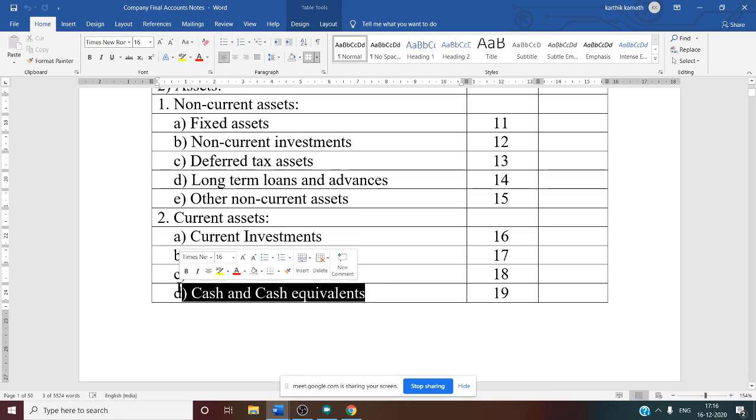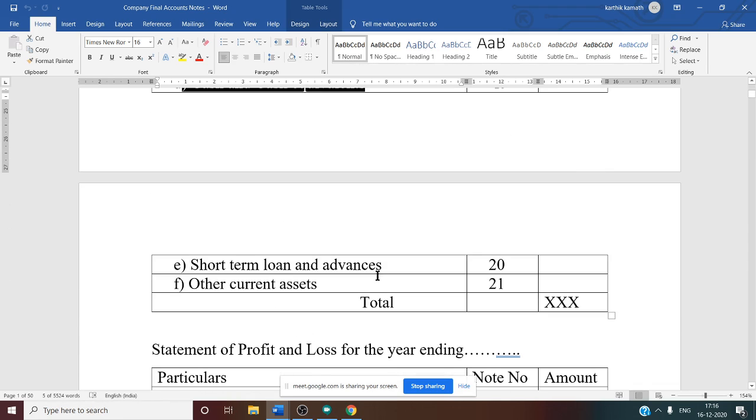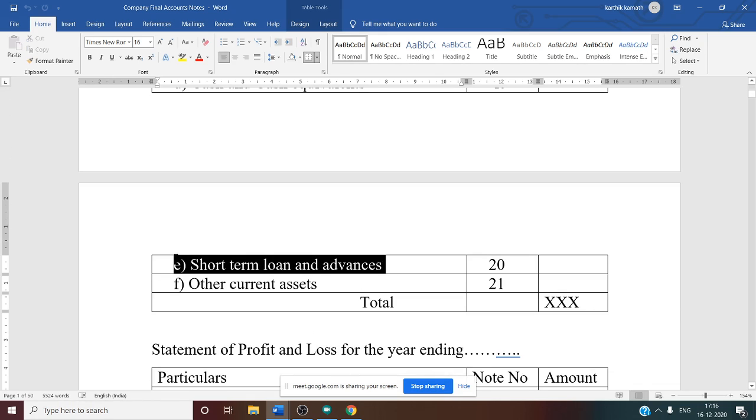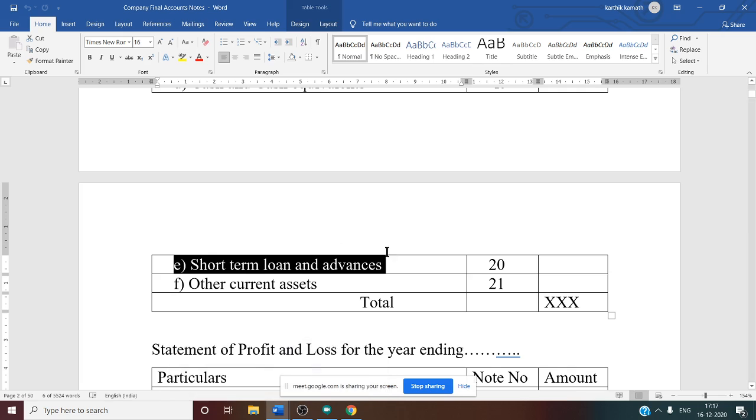Cash and cash equivalent, where we write cash in hand and cash at bank balance, that is working note number 19. Then short-term loans and advances. Again, loans and advances given by the company to a third party, usually of less than 1 year duration, you have to consider under this particular heading.